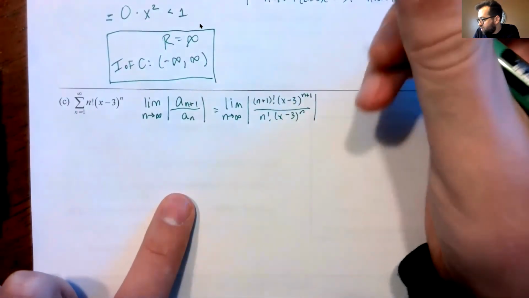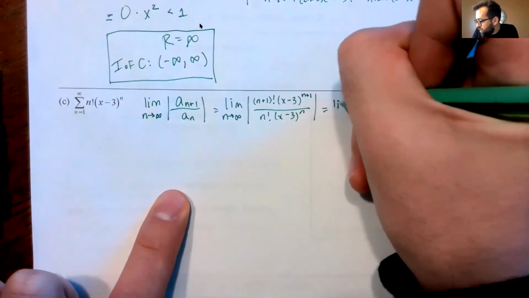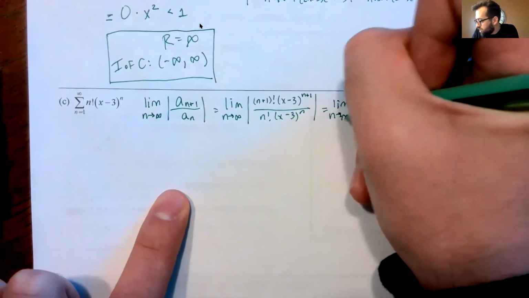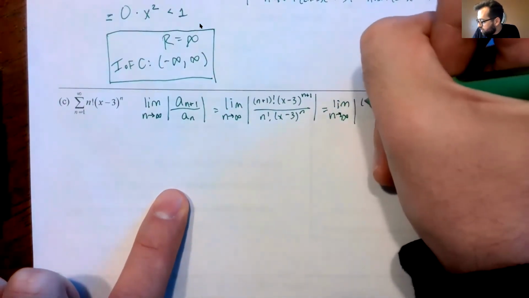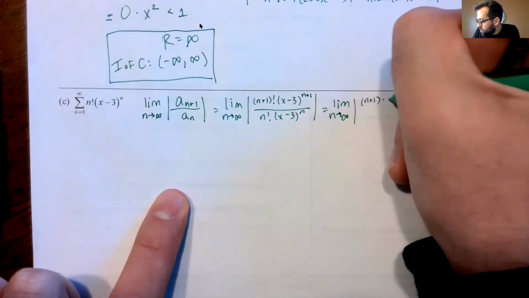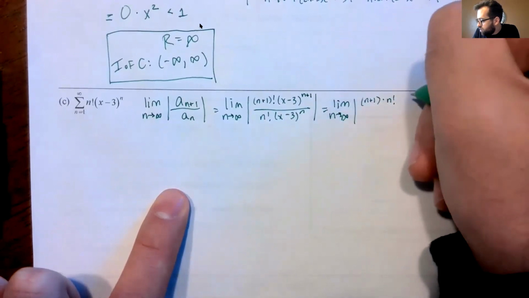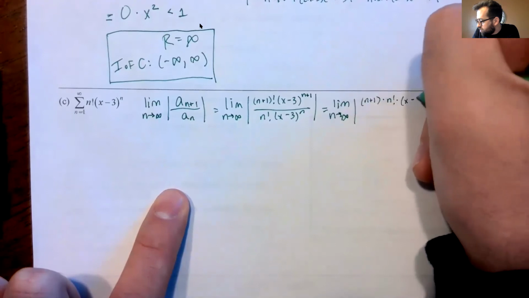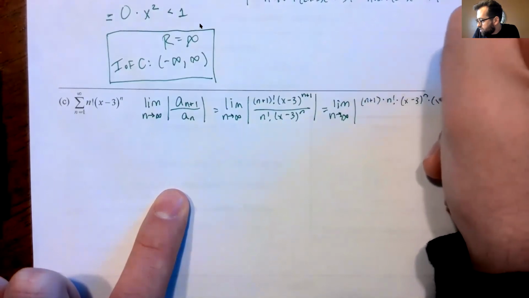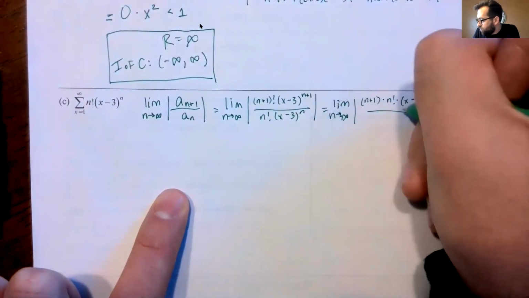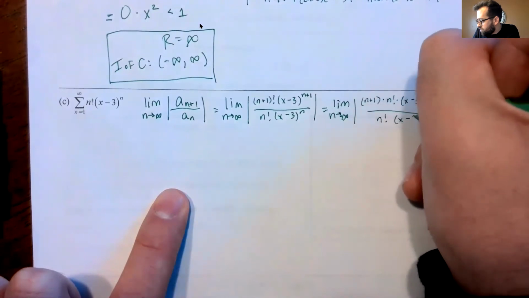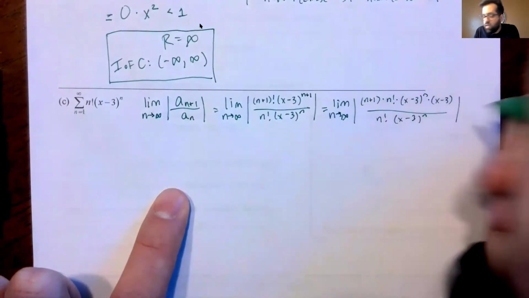And so if I manipulate this so things can cancel, on top we have n plus 1 times n factorial times x minus 3 to the n times x minus 3 over n factorial times x minus 3 to the n.